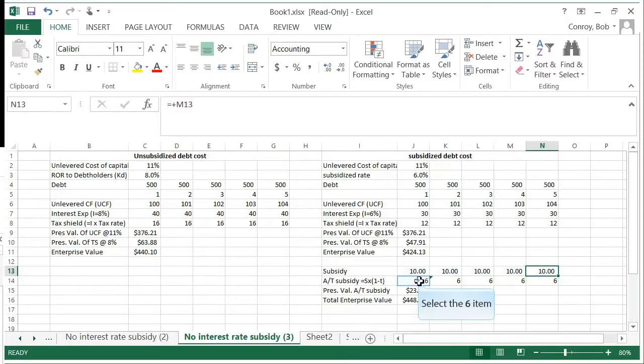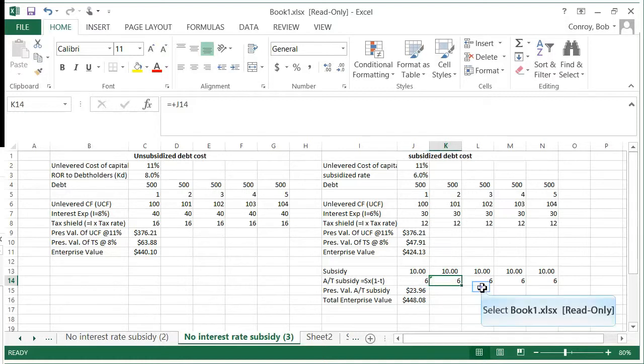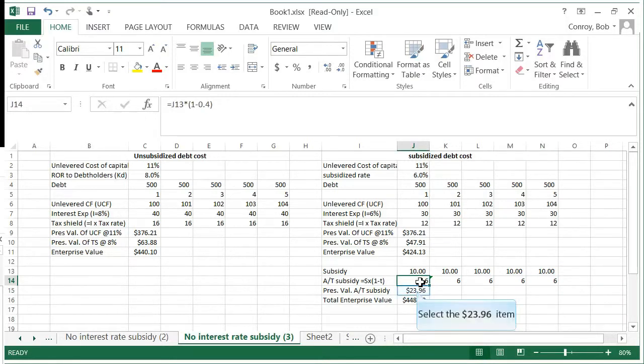The after-tax value of the subsidy is basically whatever the subsidy was times 1 minus the tax rate, because it would have been paying 10 in interest, but they're not. And so the after-tax savings is just the subsidy times 1 minus the tax rate. Now we get the present value of the after-tax subsidy, which I discounted at 8%, is 23.